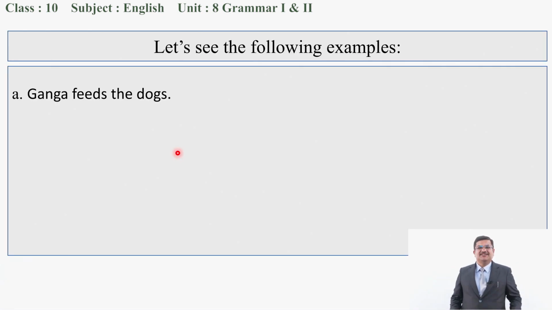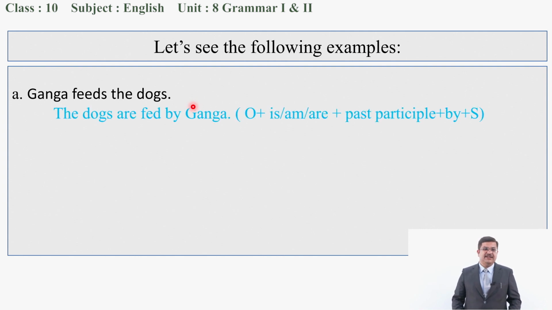Dear students, we have known some ideas about active and passive. I have given you an example of an active sentence and how it changes into passive one, and I believe you have written the ideas in your exercise book. See, Ganga feeds the dogs.